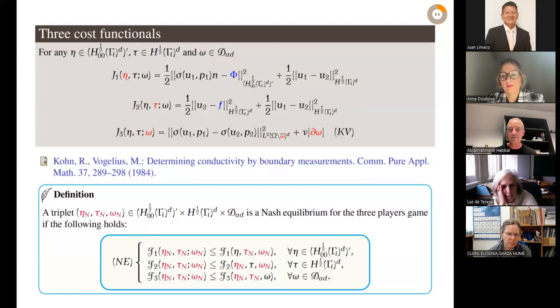So you can easily imagine the coupling behind this formulation. Each of the players has incentive to play its best strategy, provided the other has played their best strategy. So this is what is called Nash equilibrium. It can also have an interpretation as a fixed point solution.